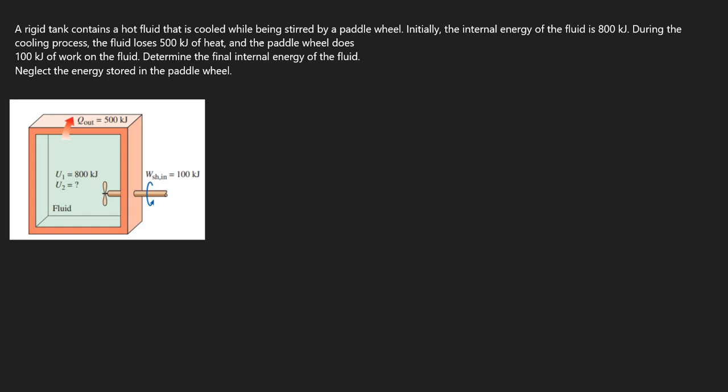So let's look at what you are going to do. Let's write down the given data. That's the data we got from the question. For the first data, we have the initial internal energy.